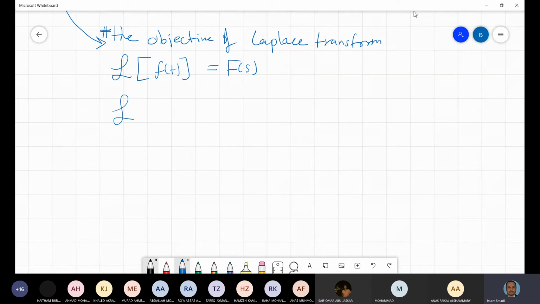And the Laplace transform for df by dt is equal to s F of s minus f of 0. Now to this stage, just a minute. This is the capital letter. This is a small letter. Do you know the meaning between them?